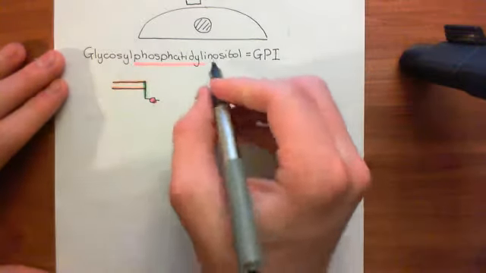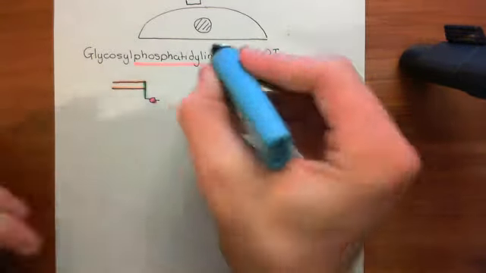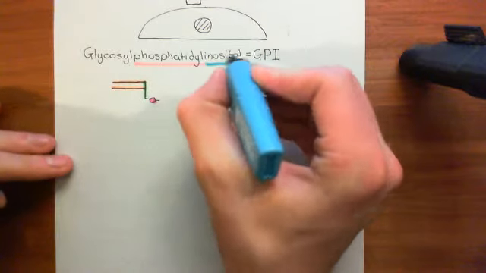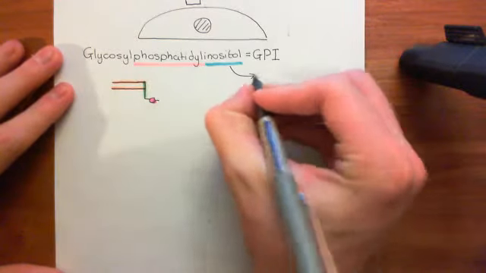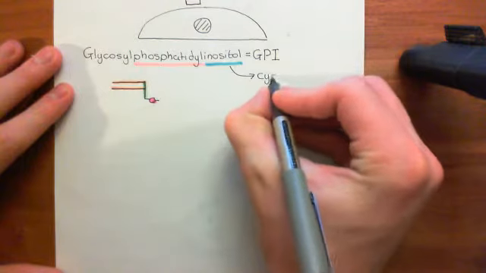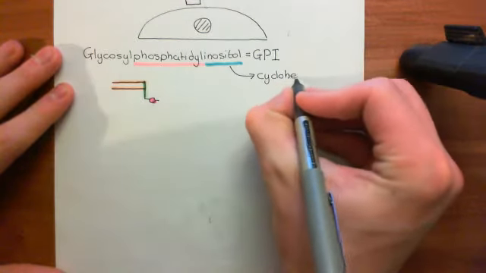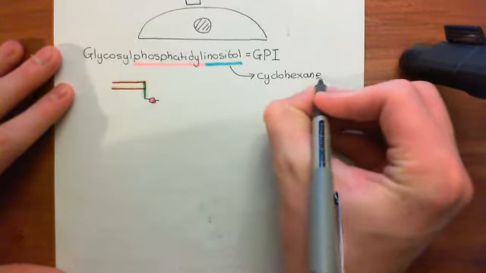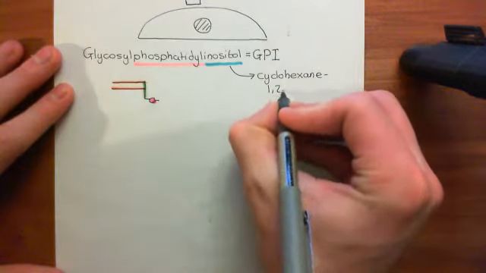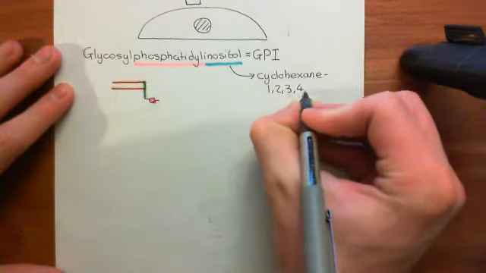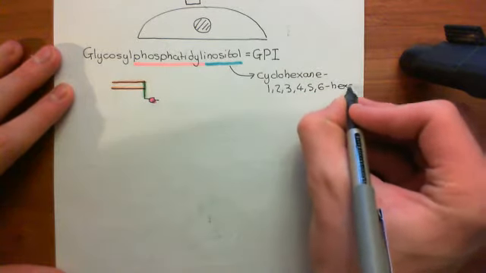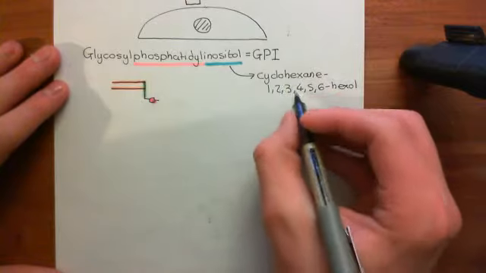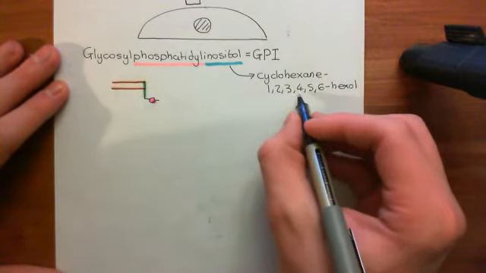What we now want to create is phosphatidyl inositol. So we're going to worry about the inositol before we worry about the glycosyl. Inositol is the old biochemist's name for a molecule that would now be called cyclohexane-1,2,3,4,5,6-hexol. Although that's a mouthful, it's a useful name because it tells you exactly what you're dealing with here.